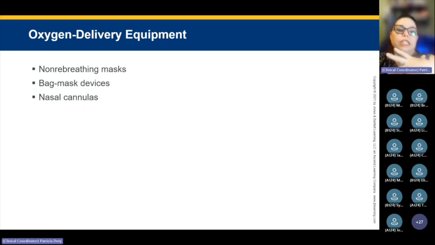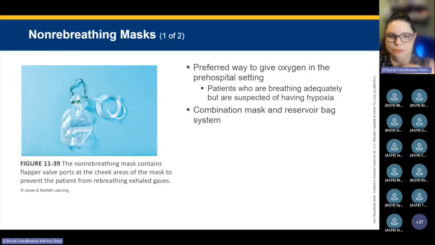So oxygen delivery equipment, we have our non-rebreather mask, we have a bag valve mask, or a BVM, or nasal cannulas, and each one does something different. So let's go over our non-rebreathers. Those are the mask and the reservoir bag system. It's a preferred way to give oxygen to people that are suspected of having a bit of hypoxia, but they're breathing pretty adequately.